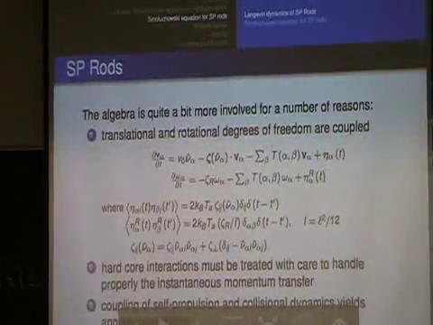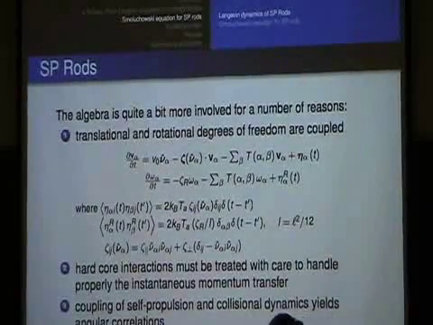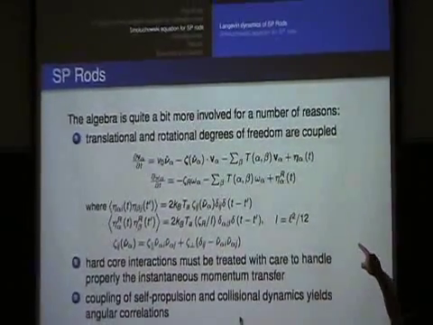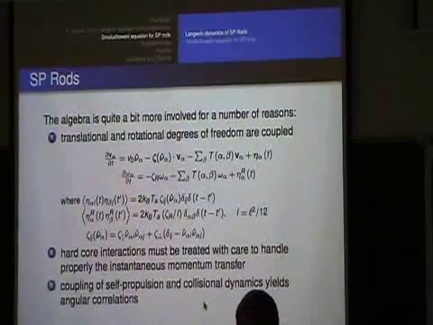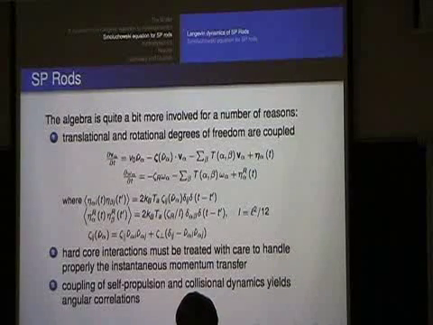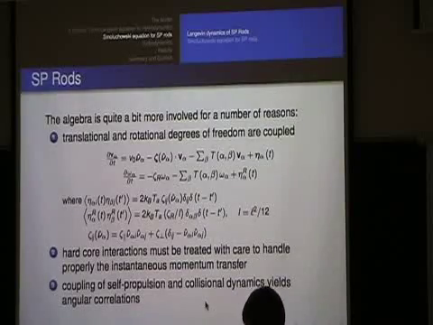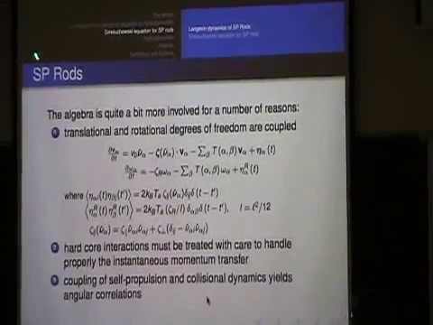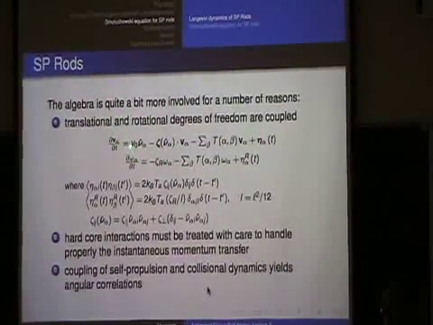Okay. And here are the Langevin equations for the rod. So at the top you have the Langevin equation. I have the coupling of translation and rotational degrees of freedom. I have the self-propulsion. And in addition, I have interactions which I will treat as hardcore interactions. So here is the Langevin equation for the translation degrees of freedom. Here is the self-propulsion.